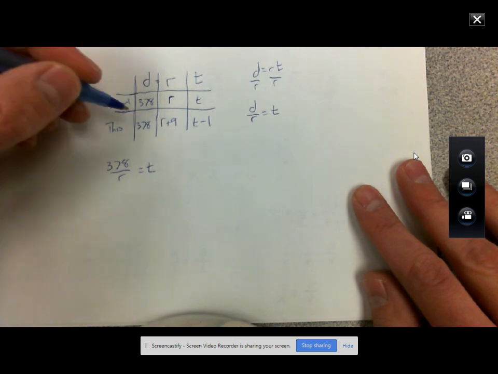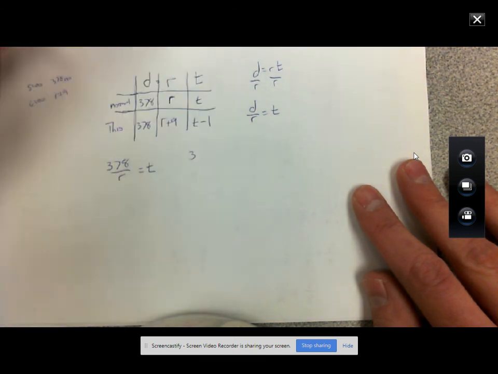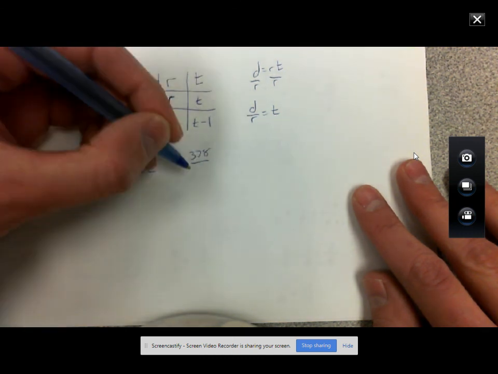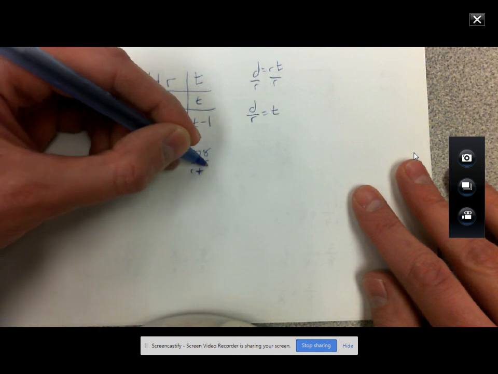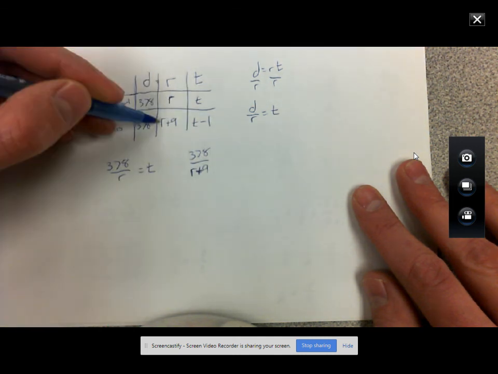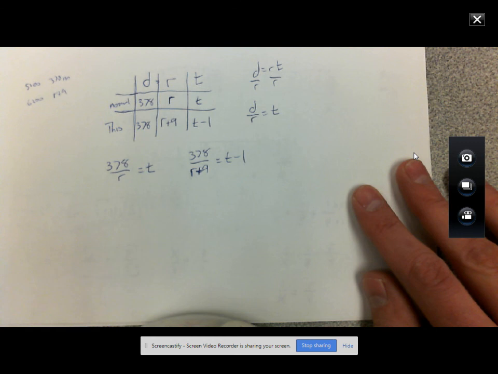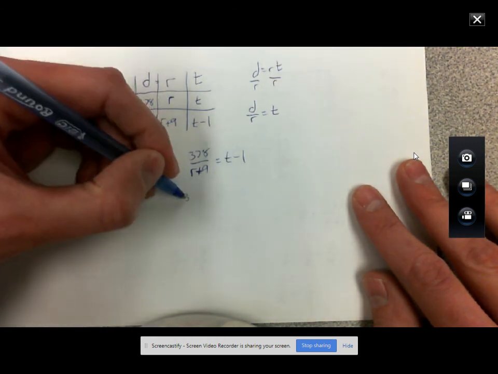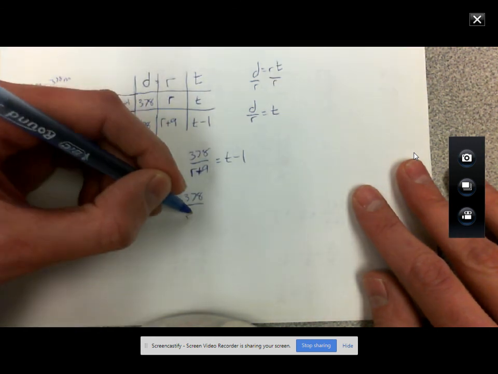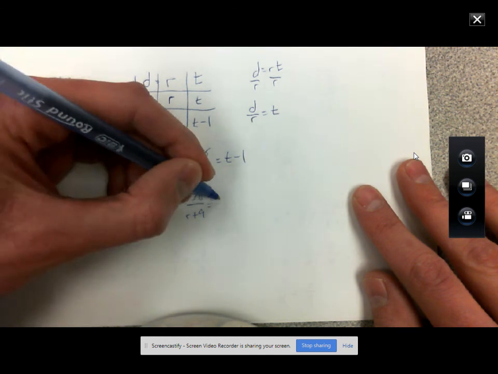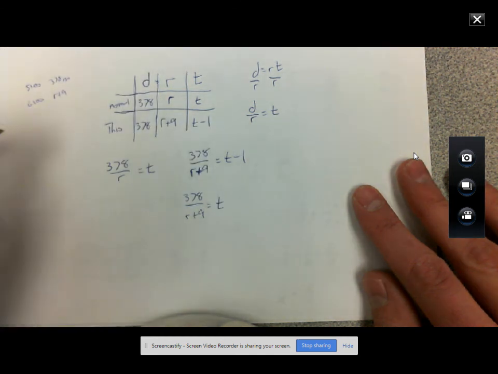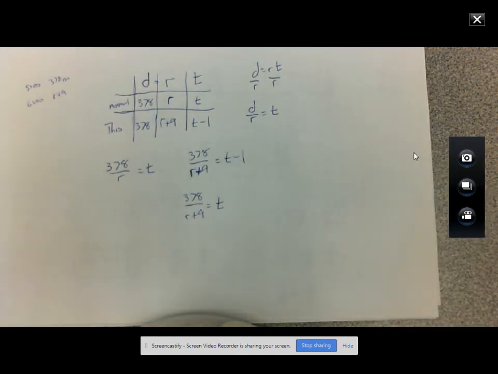For the second one, I get 378 divided by rate plus 9 is time minus 1. I'm going to add 1 to both sides here, 378. And this is where all the problems are going to be slightly different, is what do you do with those two ratios? Sometimes you combine them, sometimes you don't, and you'll see that as you go.